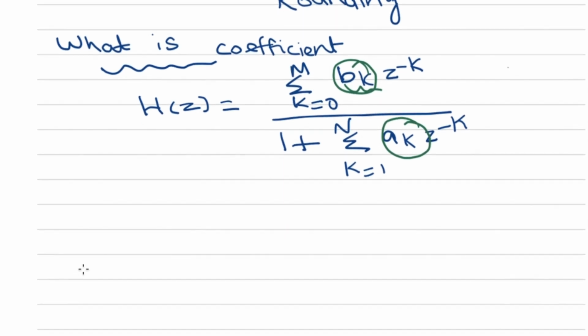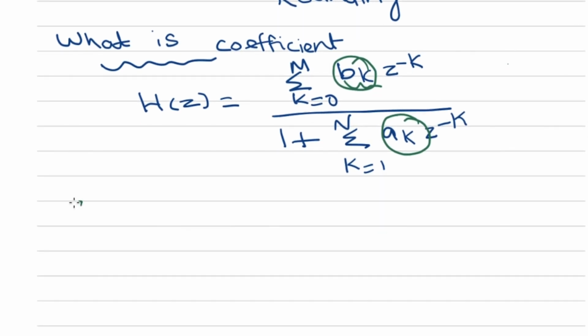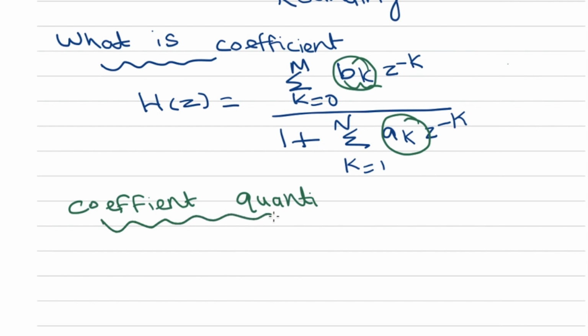Then what do you mean by coefficient quantization error? Now we know about coefficient and quantization. If quantization is applied to the coefficients, the frequency response of the resulting filter may differ from the desired frequency response.